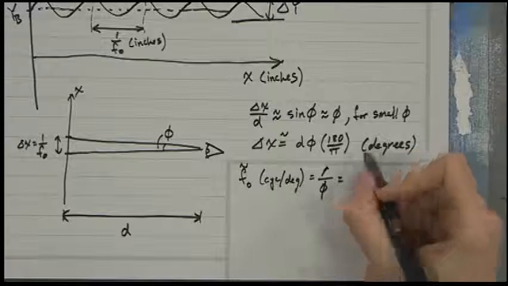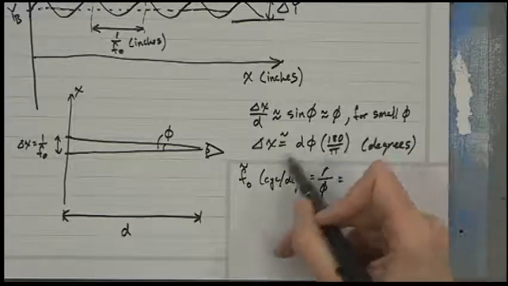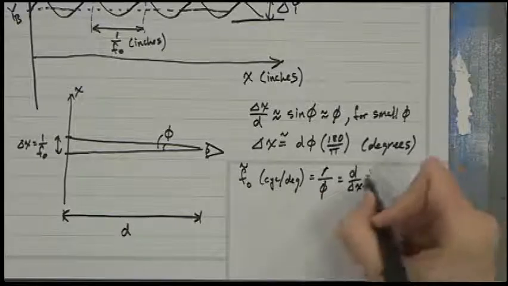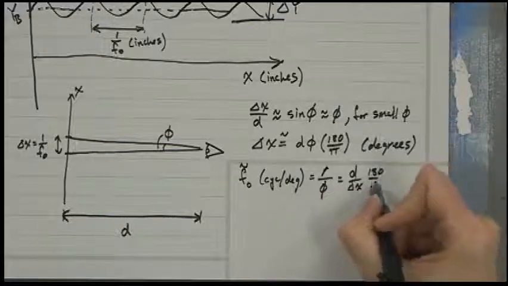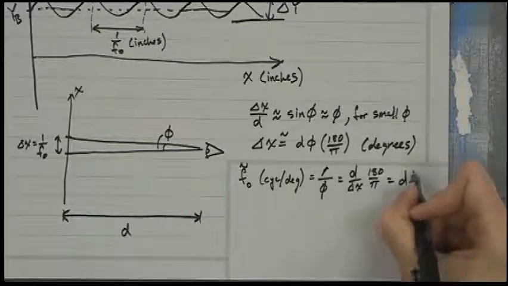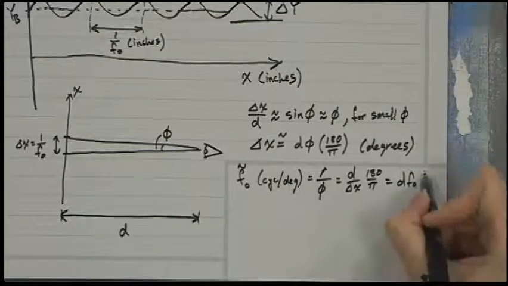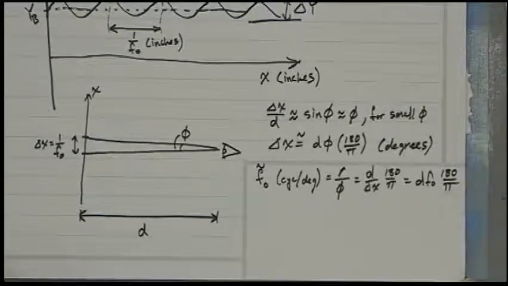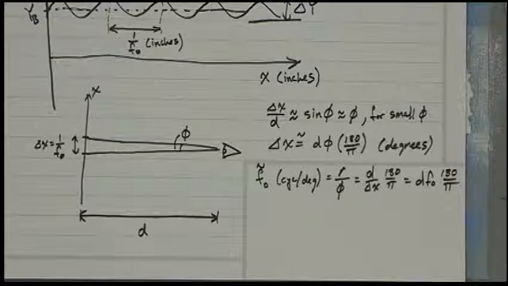Substituting in up here, we have d over delta x times 180 over pi, which equals d f naught times 180 over pi. And that's the expression that's given.